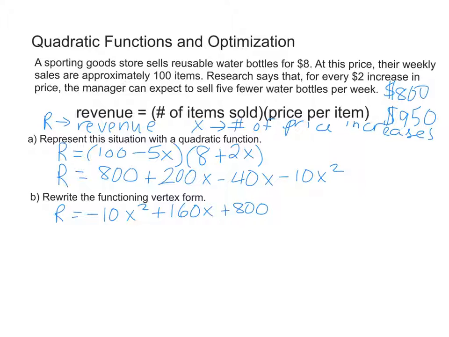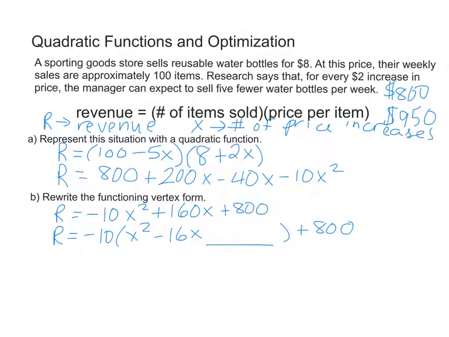Now this is the part where we're just going to follow that process of putting it into vertex form. So factor out the negative 10 from the first two terms. That comes to x squared minus 16x. I'll leave a space to complete the square. So I need to figure out what goes in here.